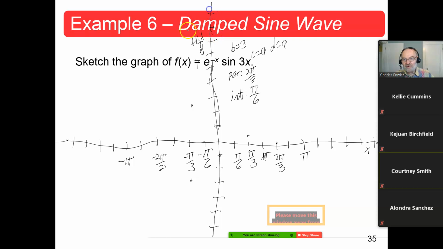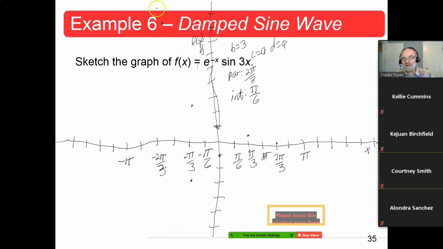So this is supposed to be 2/3 pi, not 2/2 pi. This is going up to something a little bit less than 9, so we'll just put it right here. And this one's going down here, and that's really off scale.